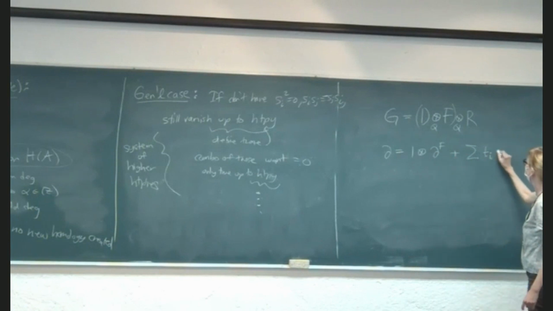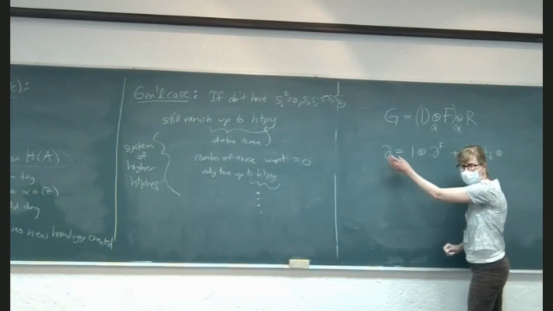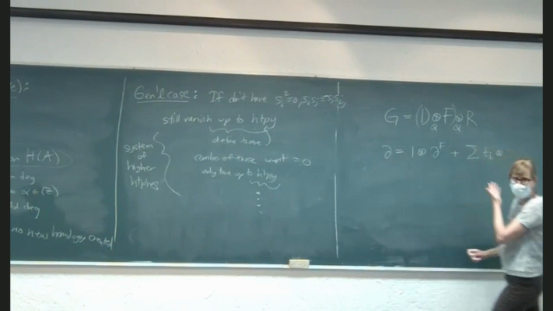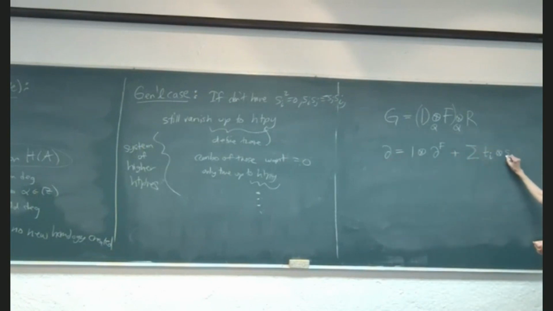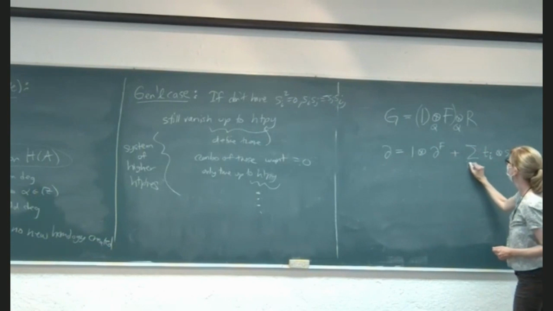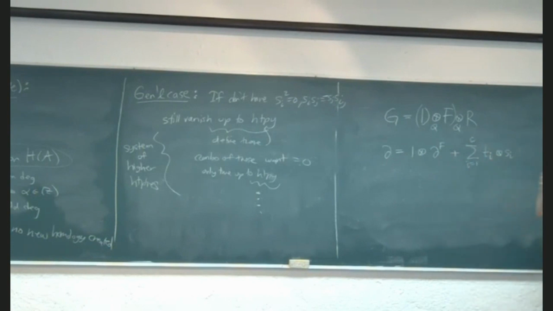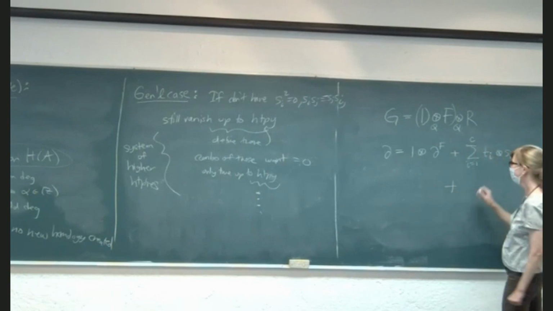In this degree, I'm not applying it to an element, I'm just writing the map. So it's multiplication by T_i and applying the map S_i, i equals 1 to c, through all the f's, all the equations, plus higher homotopies.